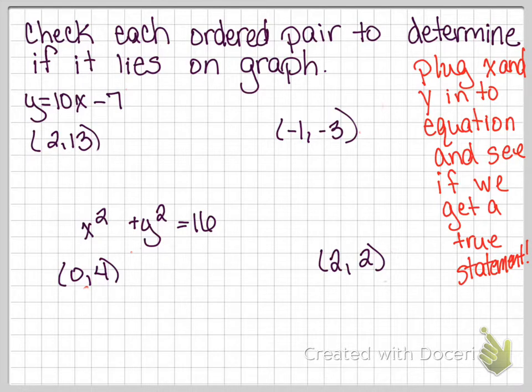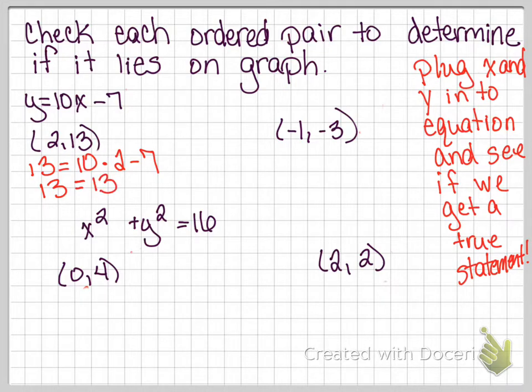Okay? So I'm going to do the first one. I've got 2. I'm going to plug that in for x, and I'm going to plug 13 in for y. So I have 13 equals 10 times 2 minus 7. 10 times 2 is 20. What is 20 minus 7? 13.